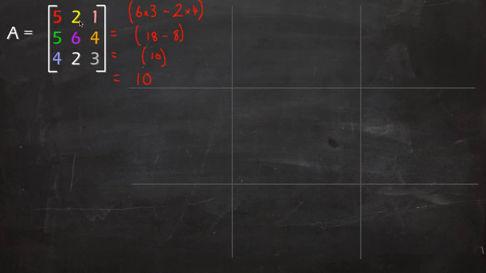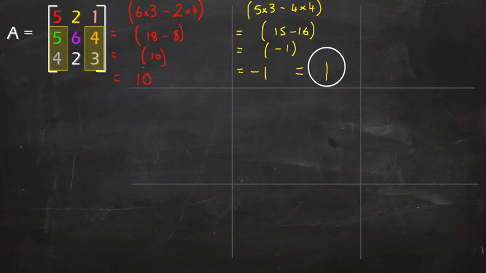And then for element 2 we ignore its row and its column and we multiply the diagonals of what's left, which is going to be 5 times 3 take away 4 times 4, which will be 15 minus 16, which is minus 1. So it would have been minus 1, but remember every other element we need to change the sign of it.